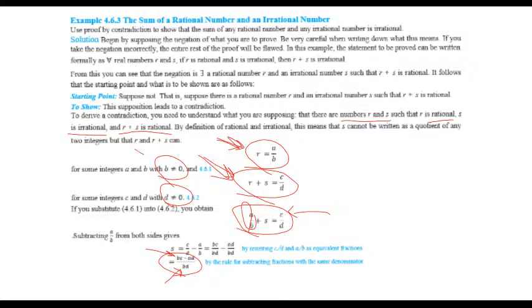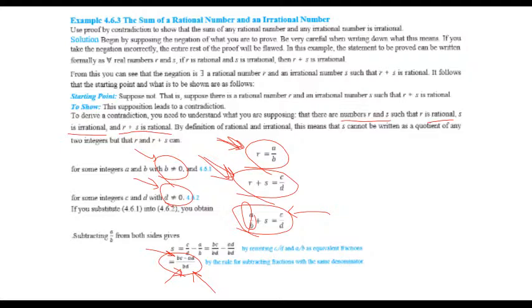Since B and D are not 0, based on the zero product property we can conclude that BD is also not 0. So based on the definition of rational numbers, we can conclude that (BC minus AD) divided by BD, which is equal to S, is a rational number, right?